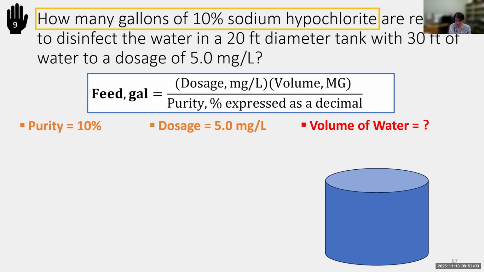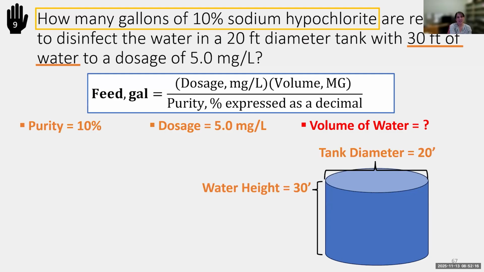But we are given the dimensions of our water, right? We're told that it's in a tank with a diameter of 20 feet and that the water is at a height of 30 feet. Okay, so for our next step, we need to calculate the volume of our water, and we want that in millions of gallons.